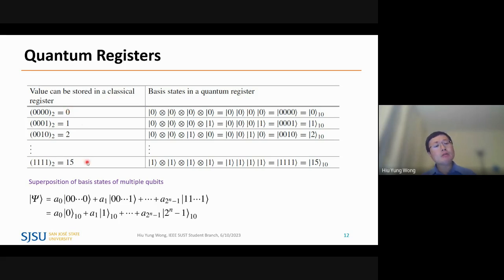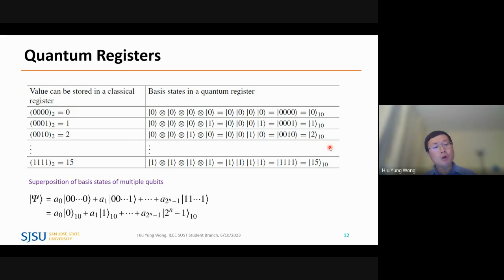But I just told you that a quantum computer is exactly the same as a classical computer if we only care about the basis states. So we do have 16 basis states. Instead of just 0 and 1, you can have the basis states of 0, 1, 2, all the way to 15 if I have 4 qubits.